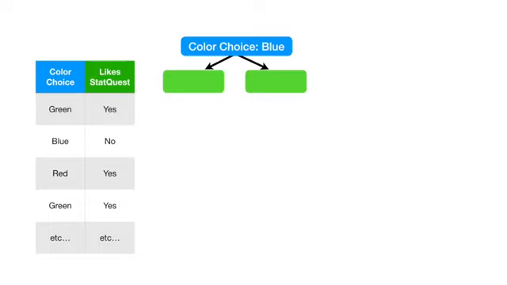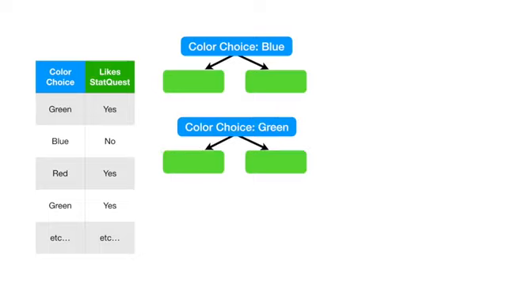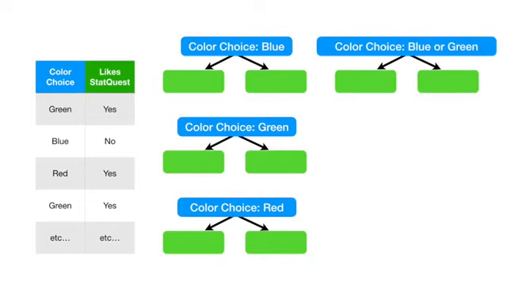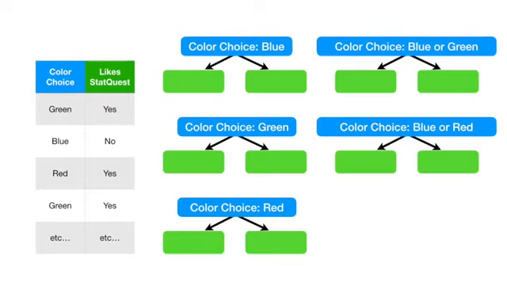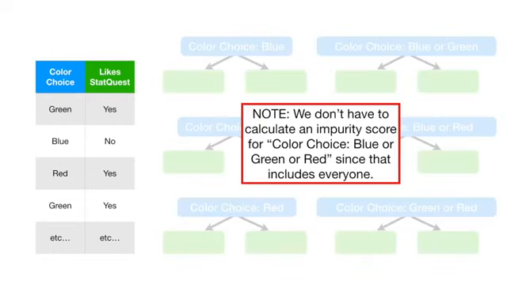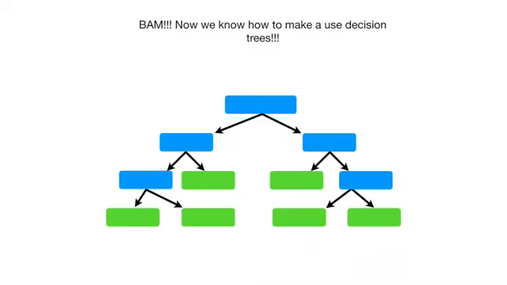Color choice is blue, color choice is green, color choice is red, color choice is blue or green, color choice is blue or red, and lastly, color choice is green or red. Note, we don't have to calculate an impurity score for the color choice blue, green, or red since that includes everyone. Bam! Now we know how to make and use decision trees.